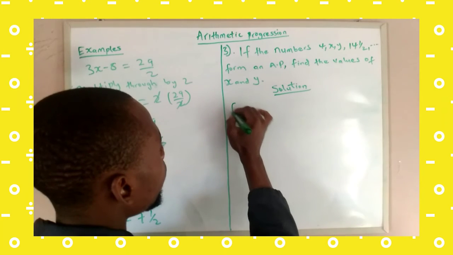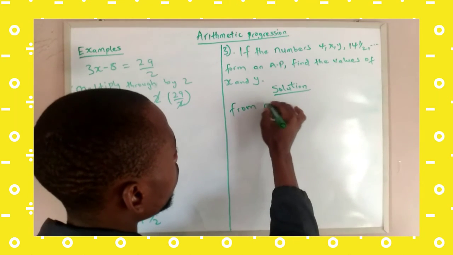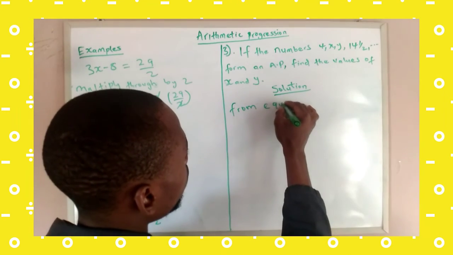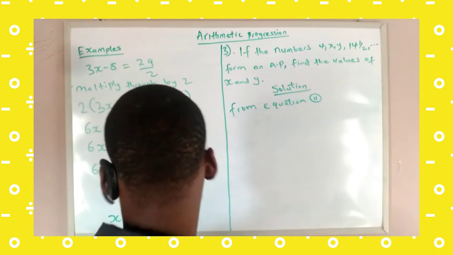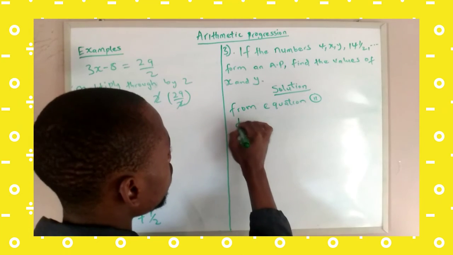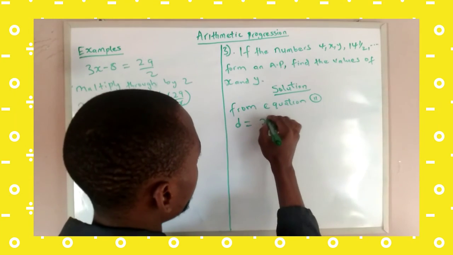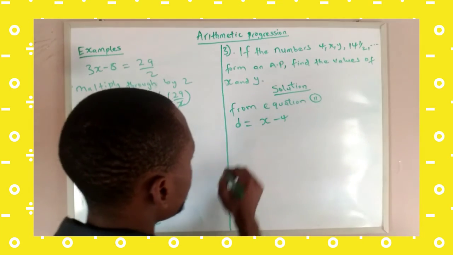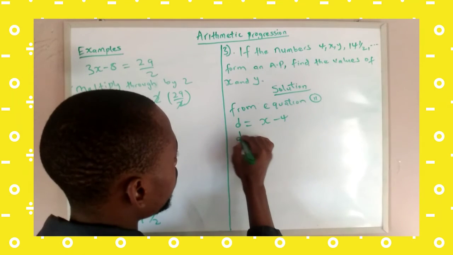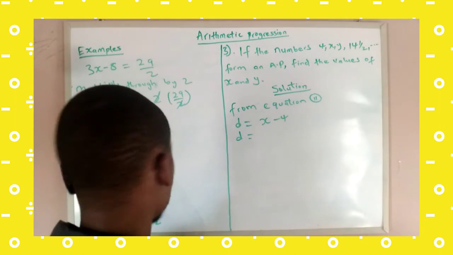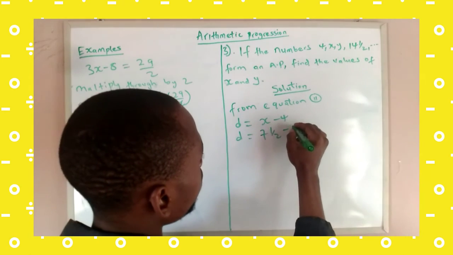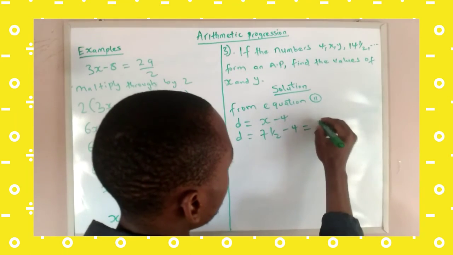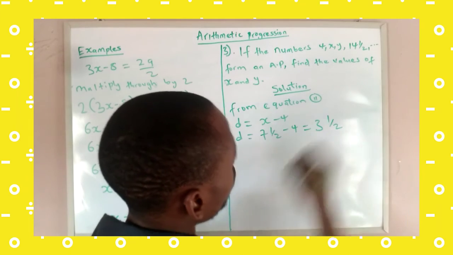Now, d is equal to x minus 4. So to get the value of our common difference, which is d, we have it as 7 1/2 minus 4, and that will give us 3 1/2.